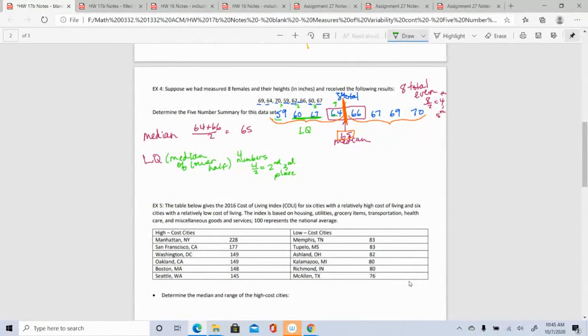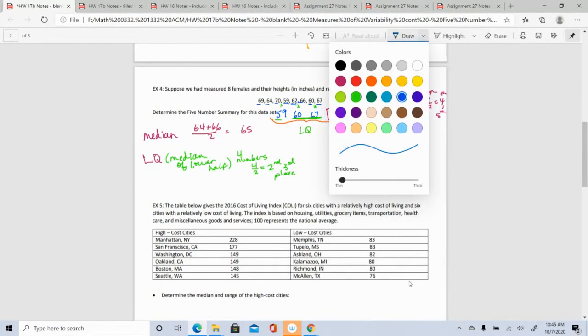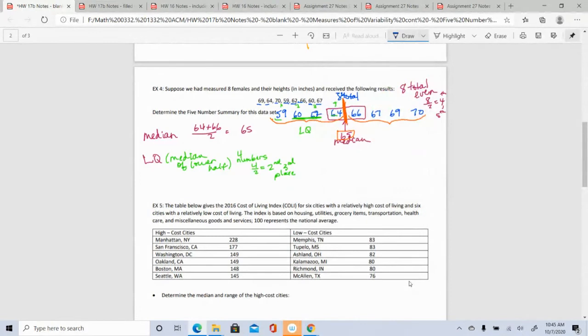So how would I find the number between 60 and 62? You could probably tell what's between 60 and 62, can't you? But if you didn't know, take the average of it, right? 60 plus 62 is 122, divided by 2, which is 61.